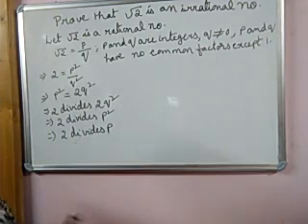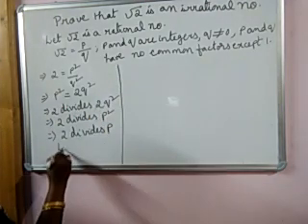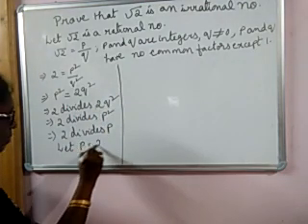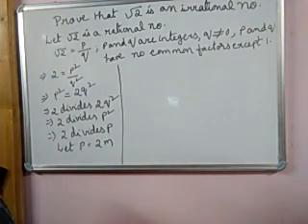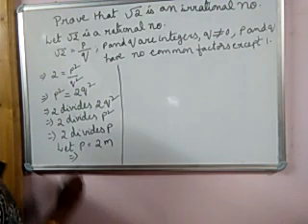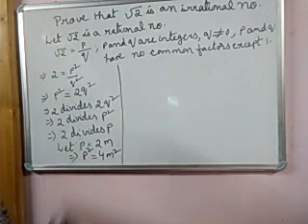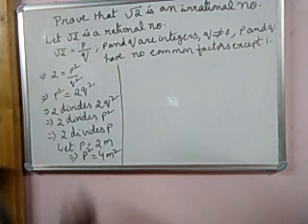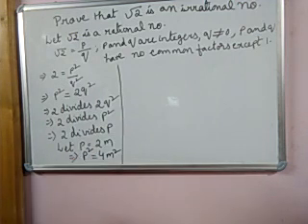Let us keep this. 2 divides P means, let P be equal to 2m, because P is divisible by 2. Then again square both the sides. If you square both the sides, we get P square equal to 4m square.